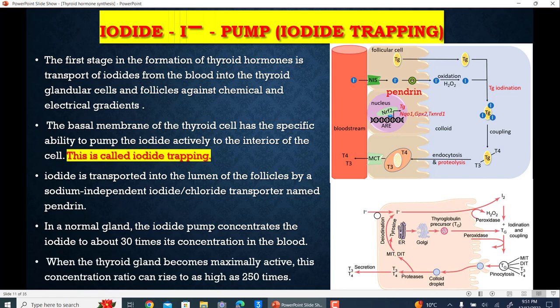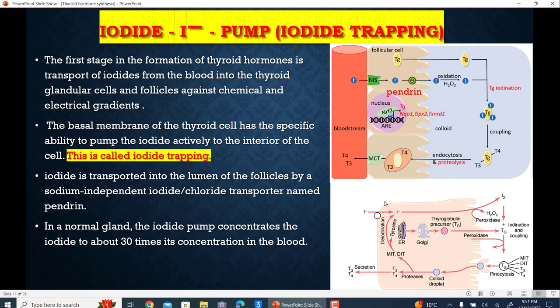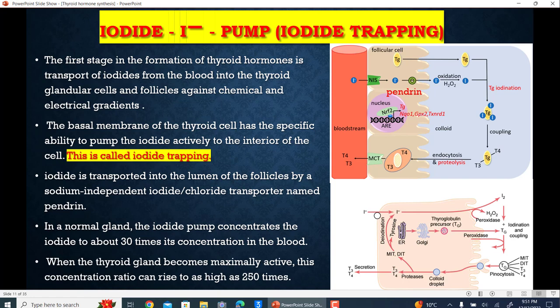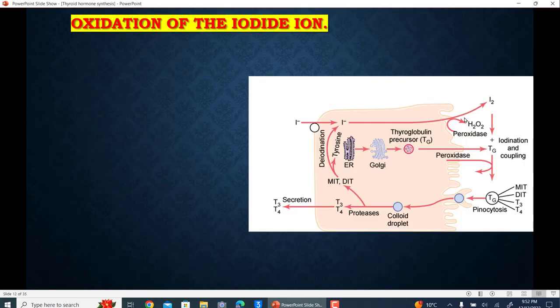In a normal gland, the iodide pump concentrates the iodide to about 30 times its concentration in the blood. When the thyroid gland becomes maximally active, this concentration ratio can rise to as high as 250 times. Oxidation of the iodide ion.